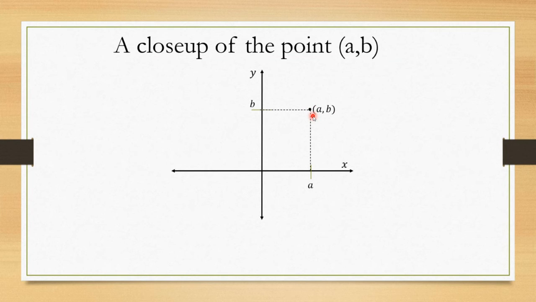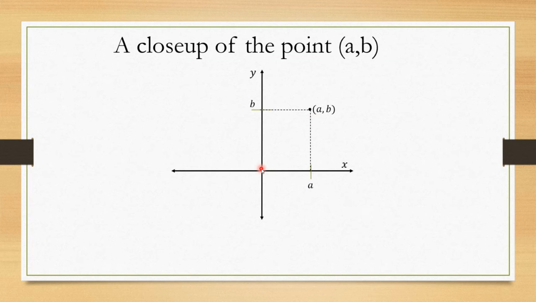I was going to say this later, but I'll say it now. The A, which comes from the x-axis, the first number here, tells you how far you are horizontally from the origin.